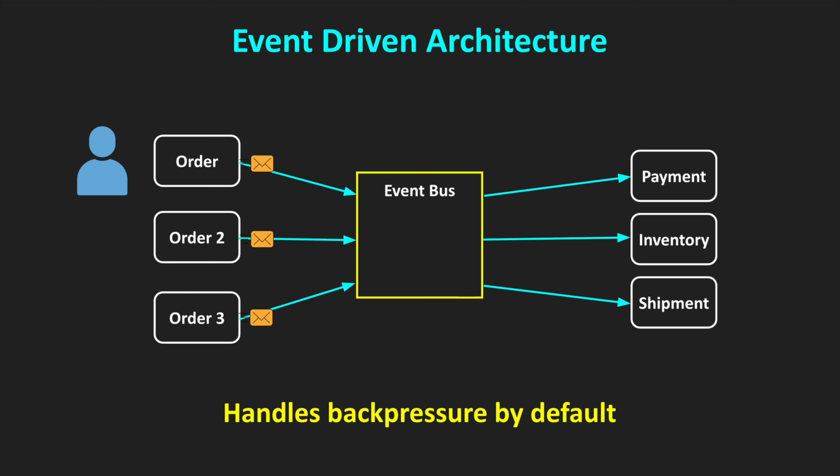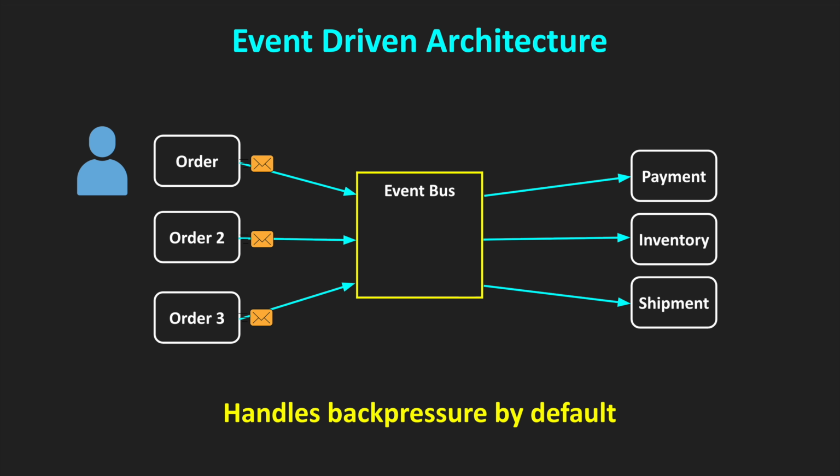So what does that mean? Let's say that the order systems produce 100,000 messages in a minute, but on the payment side, we can handle only 20,000 messages in a minute.